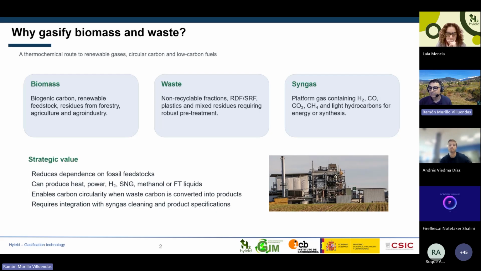Instead of simply burning waste carbon or disposing of it, gasification can convert it into useful gases and chemical intermediates. However, this also requires proper integration with gas cleaning because the final syngas must meet the specifications of the intended application, that sometimes, I have to say, are really very hard.